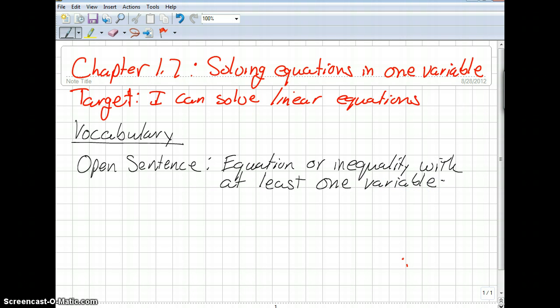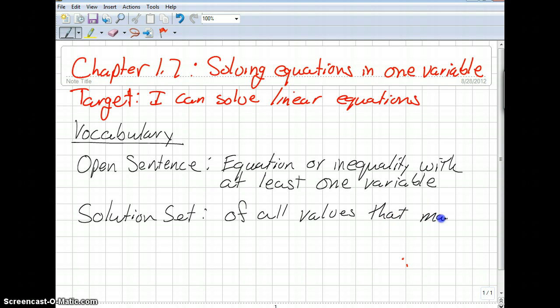The next word or phrase is solution set. And that's the set of all values that make an open sentence true.